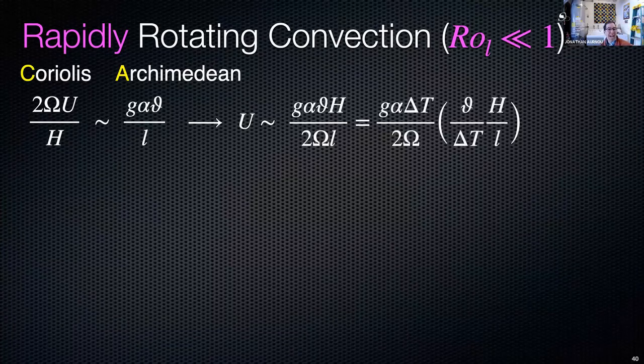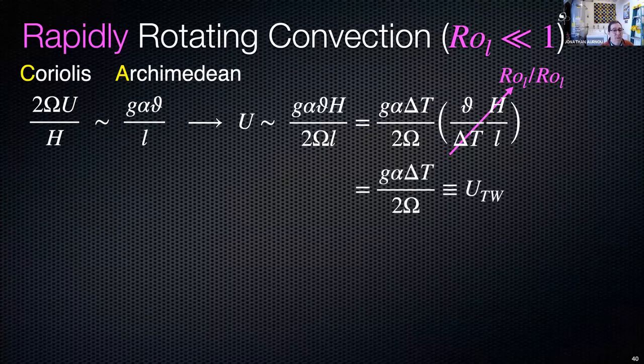And we can now multiply top and bottom by delta T and rewrite it as G alpha delta T over 2 omega, and then in parentheses, theta over delta T and H over L. Well, theta over delta T goes as local Rossby, and H over L goes as 1 over local Rossby. So these terms effectively are order 1 when multiplied together. And we end up with a classical thermal wind velocity, G alpha delta T over 2 omega. In a sense, nothing is surprising there, but that is what we should get.